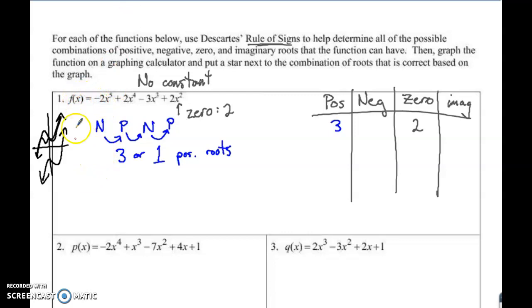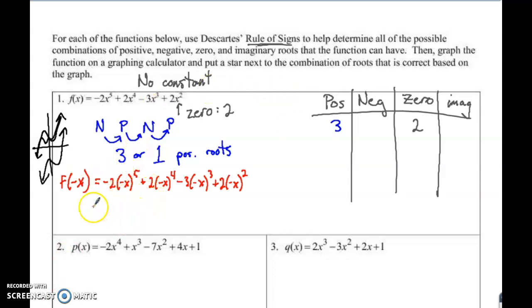But now what you need to do is investigate, what if it was f of negative x? I went ahead and wrote those down already. And just think about it: if you have a negative to an odd power, it stays negative, but times this negative, turn that back into a positive.